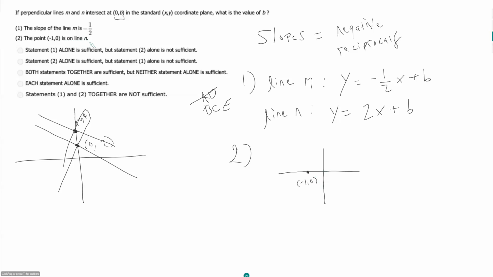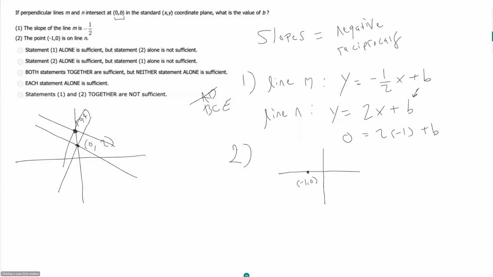So together, we know for line N, we have these two equations from the first statement, and then when I plug -1 in for x in my equation for line N, I should get 0 for y. So 0 is equal to 2 times -1 plus b.